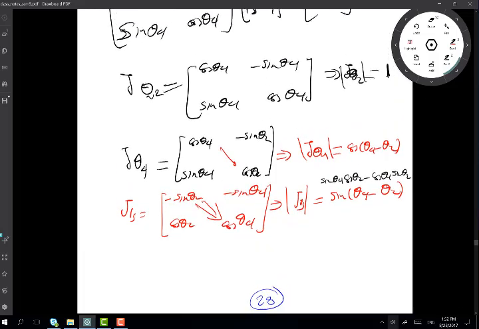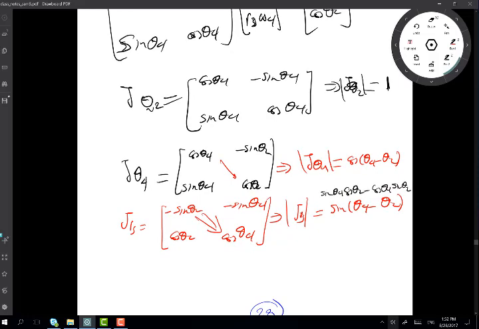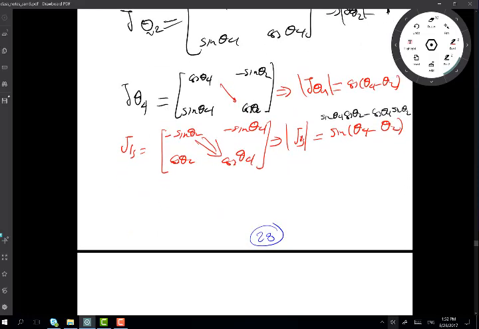Now I have my three velocity coefficients, or three Jacobians if you like, the three determinants.